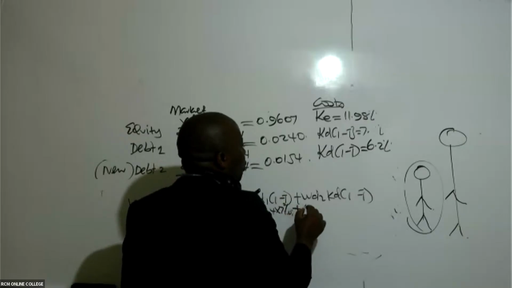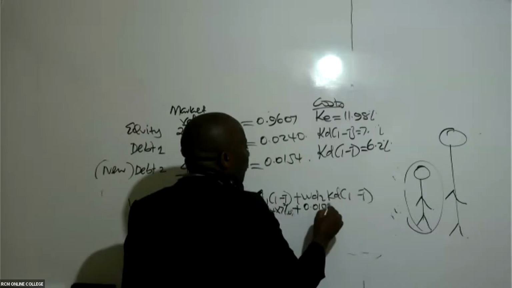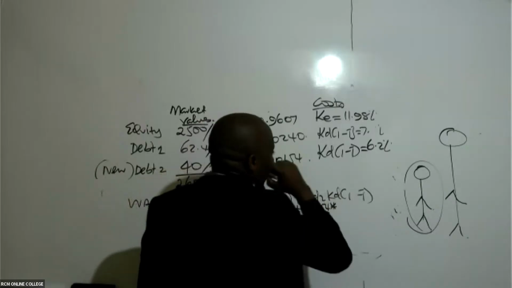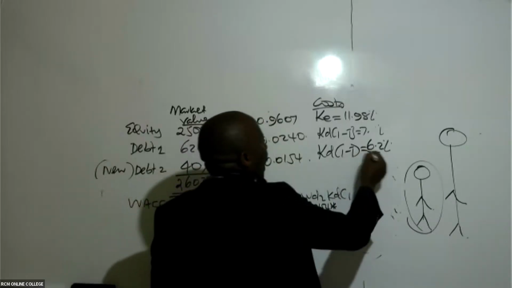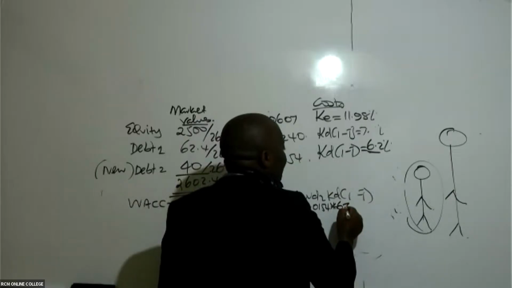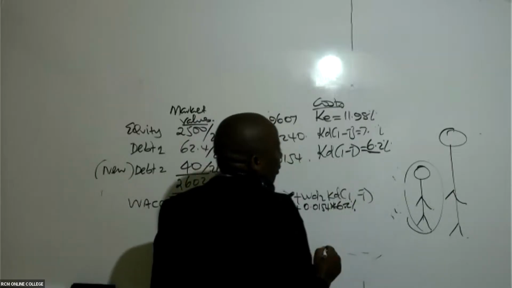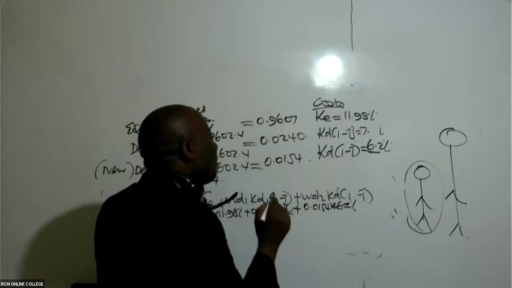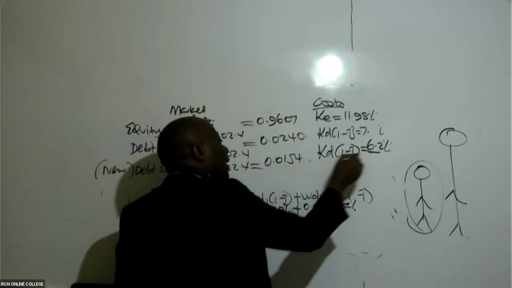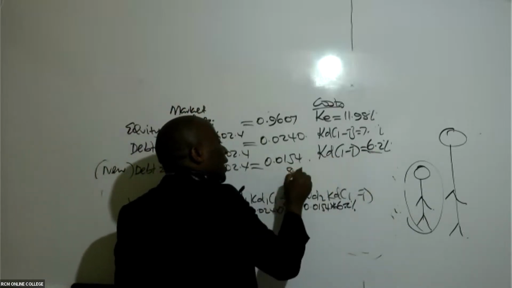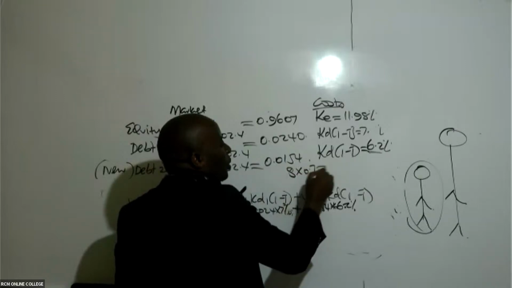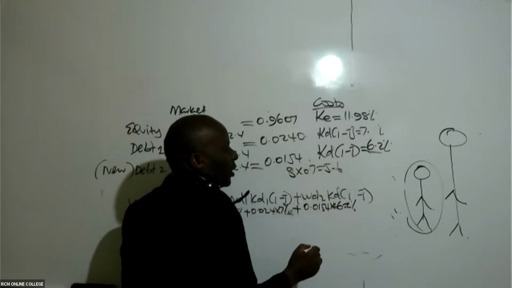So plus weight 2, which is 0.0154, into KD. This KD is after tax. Don't adjust it for tax again, because when we were getting this one, the interest was 8 and we multiplied with 0.7 to get 5.6.